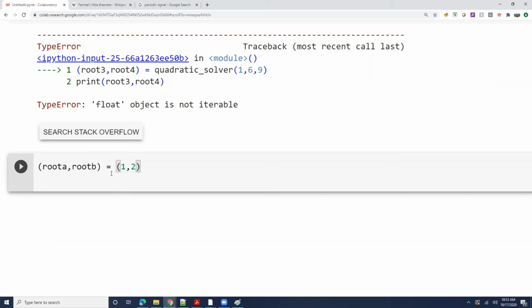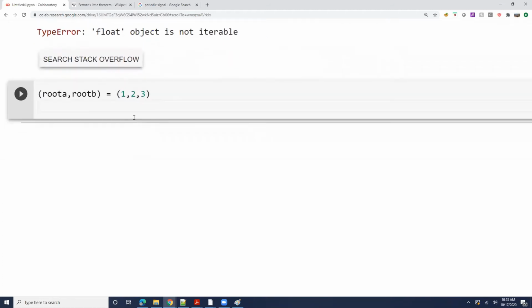So if I did it this way, root A comma root B equal to 1 comma 2 as a tuple, it's really looping through this tuple on the right hand side and pairwise assigning. So 1 goes to the first one, 2 goes to the second one. What if I do this, root A comma root B equal to 1, 2, 3?